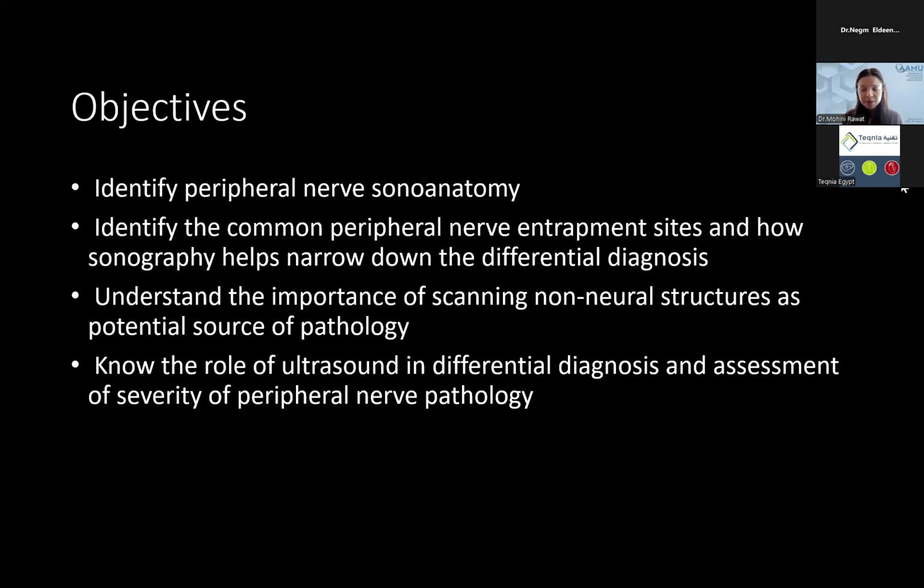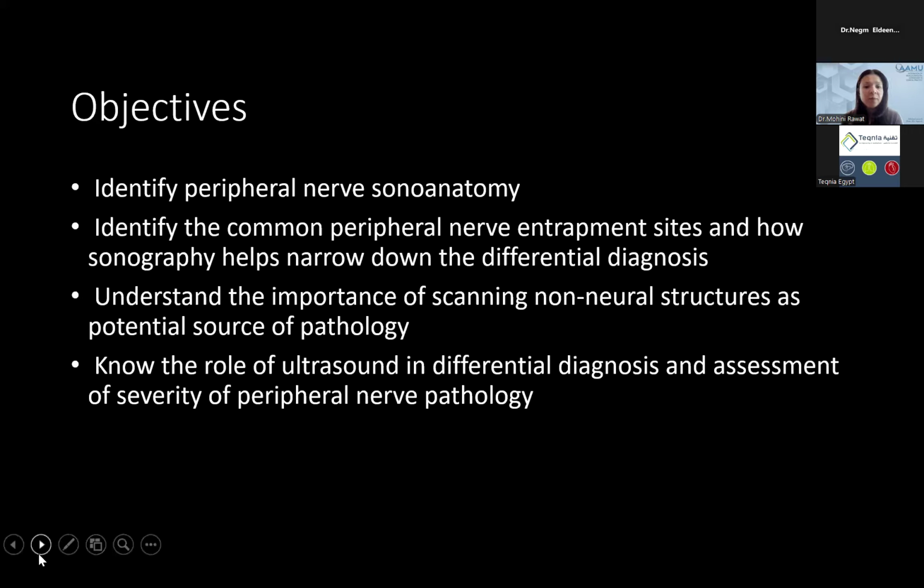It may be a surrounding structure that is compressing the nerve. In that case, it becomes important to check the surrounding soft tissue structures and to look for any potential source of space occupying lesion.